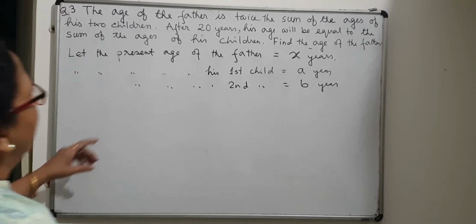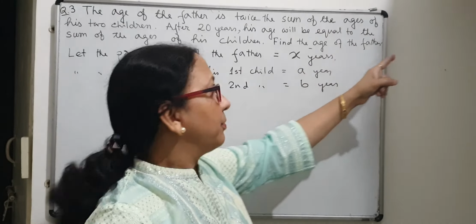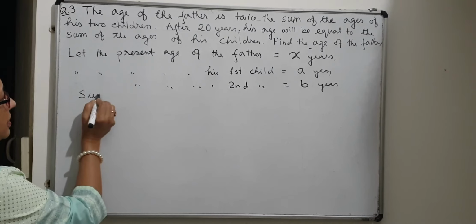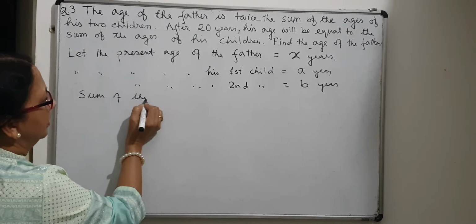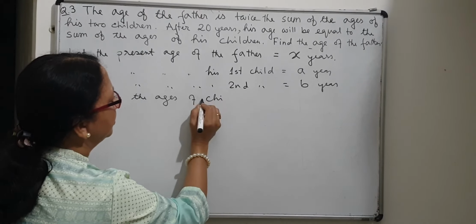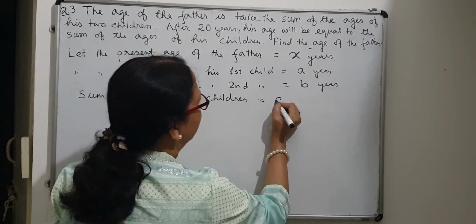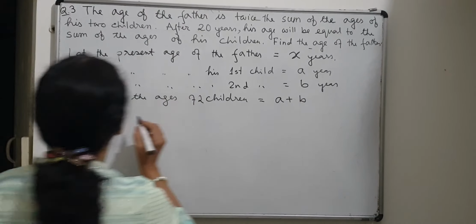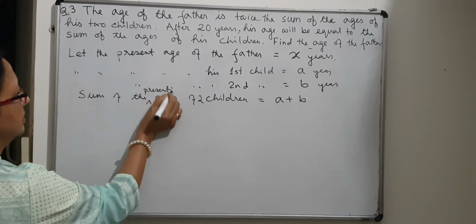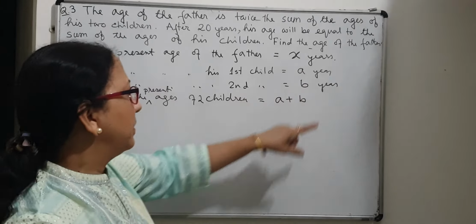Now, the age of the father is twice the sum of the ages of the children. So let me take the sum of the ages of the 2 children, which is A plus B. That is the sum of the present ages.